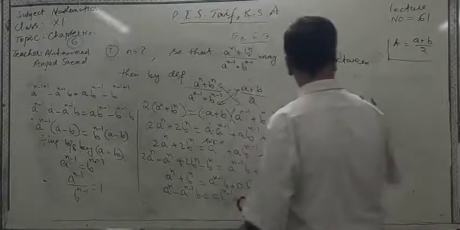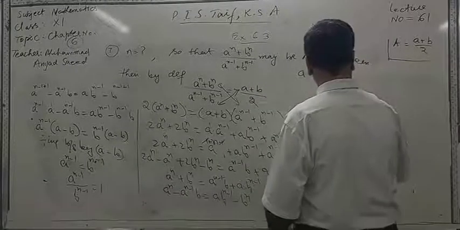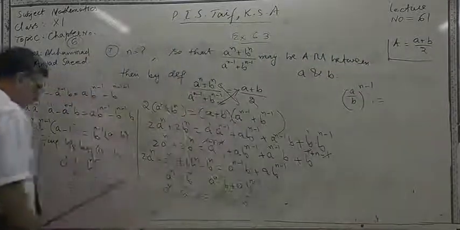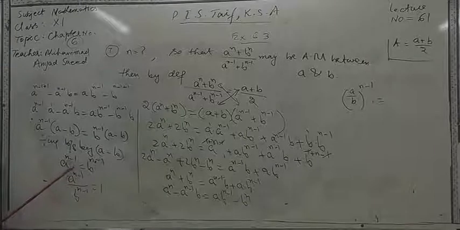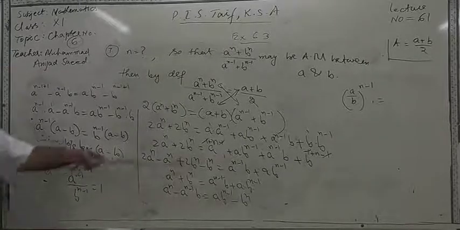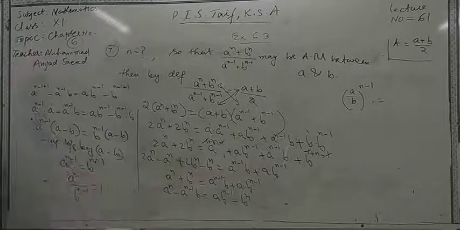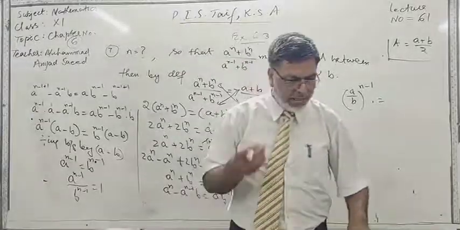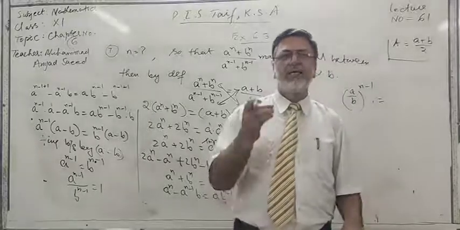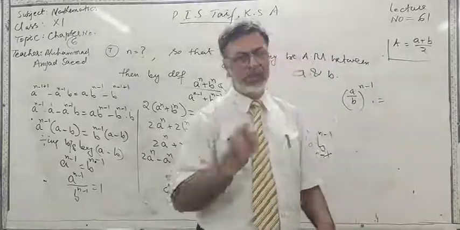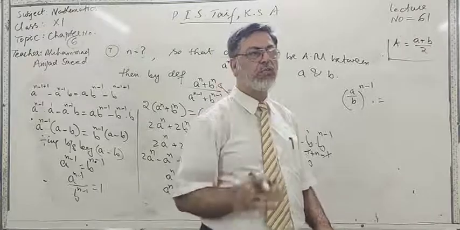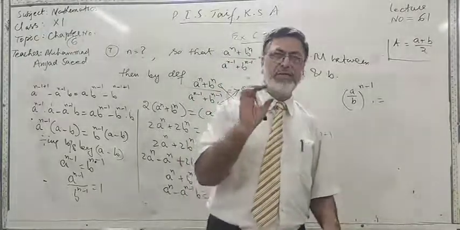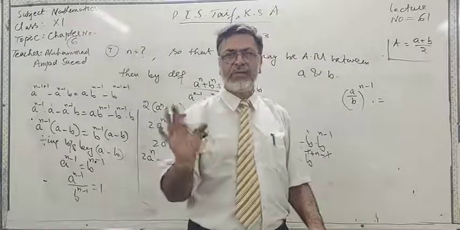Now you can have (a/b) whole power n minus 1. You can write the combined power. And dear students, you know what is meant by 1? Actually, 1 is anything power 0. That is always equal to 1. Anything power 0, but you must not say 0 power 0, it is not defined.